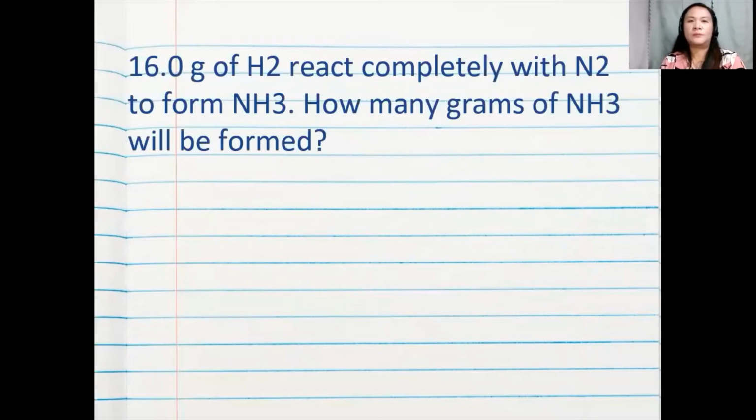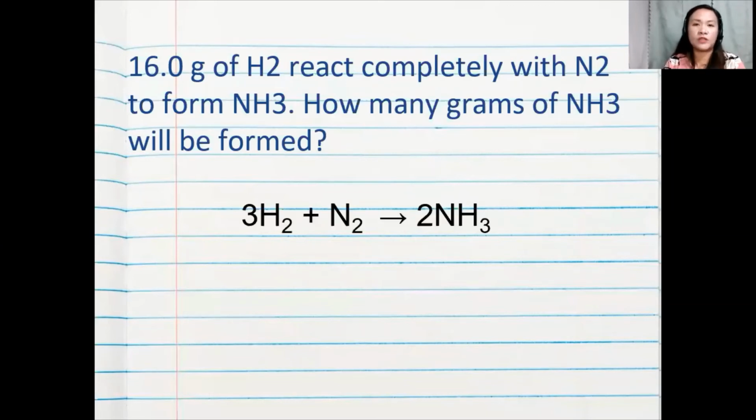Next question. We have here 16 grams of H2 reacting completely with nitrogen to form NH3. How many grams of NH3 will be formed? So the balanced chemical equation is 3H2 plus N2 will form 2NH3.